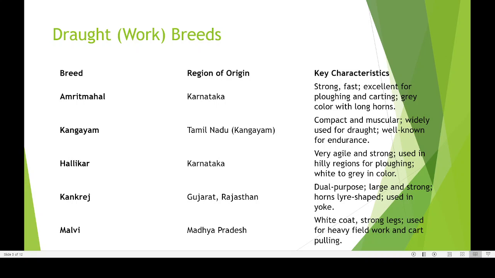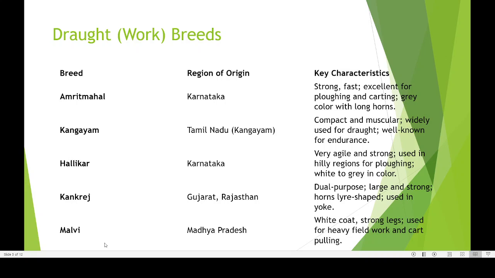See here, you can see that this is also a slightly stronger one. So in case of Kangayam, compact, muscular, widely used as a draught animal. Then well known for endurance, meaning very strength or strong. That is the meaning of the word endurance.